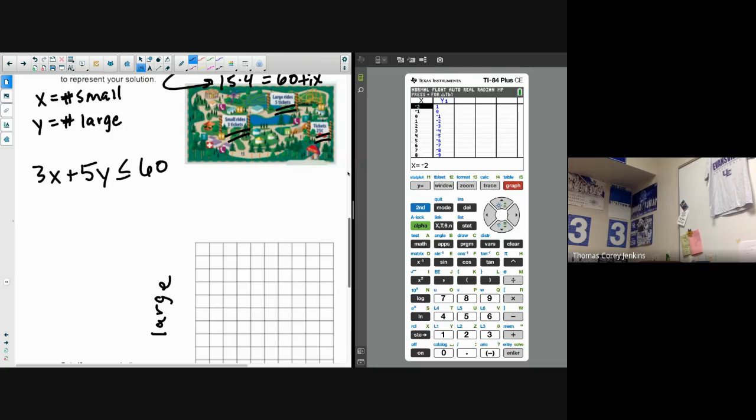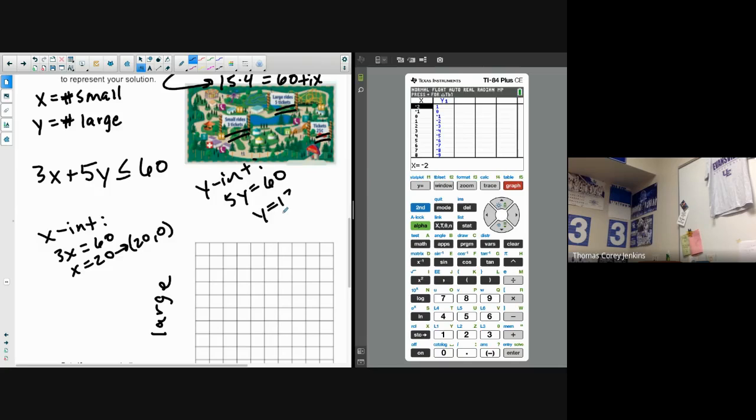All right, so your x-intercept is going to be 3x equals 60. So x equals 20. So that means our graph is going to go through the point 20, 0. And then our y-intercept would be 5y equals 60. So y equals 12. So it also goes through the point 0, 12.